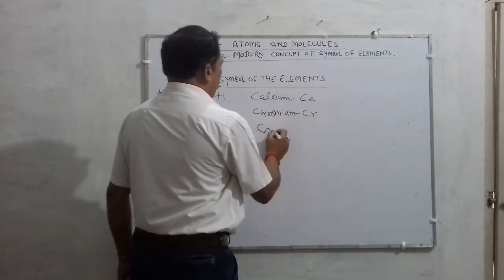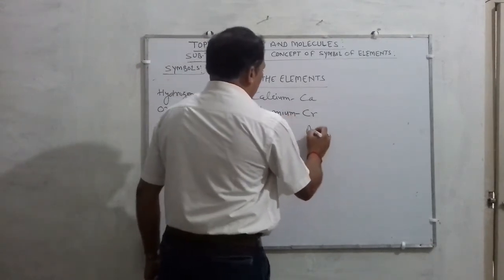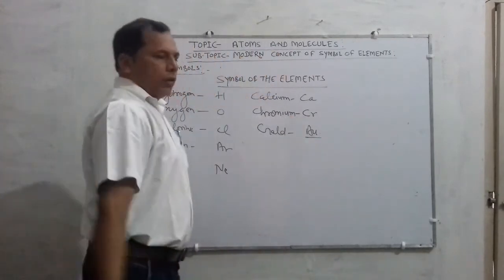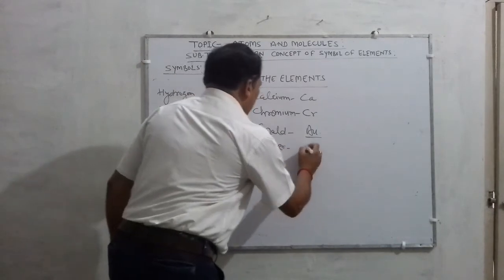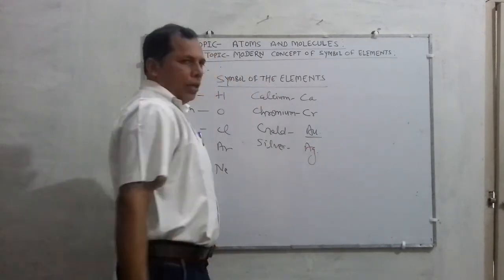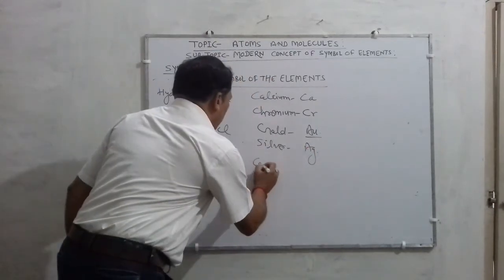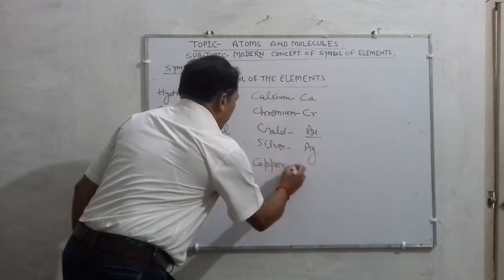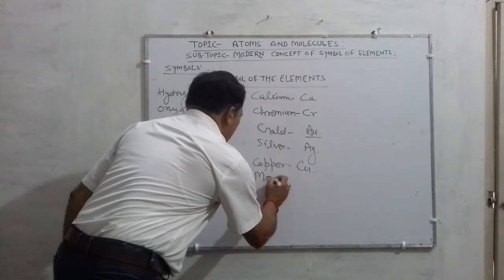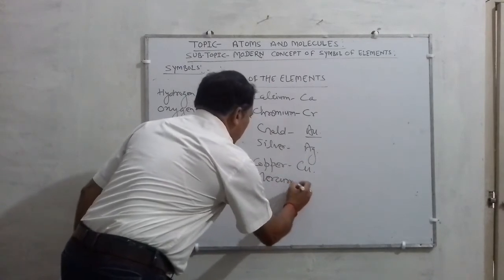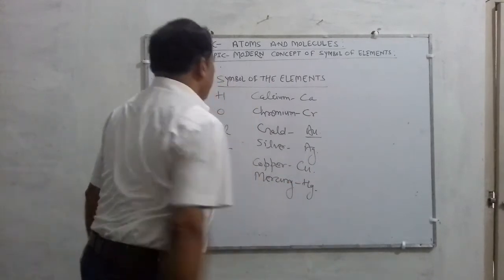Similarly, suppose you have to represent gold. Gold symbol is Au. Similarly, silver. Silver is Ag. Similarly, copper. Copper symbol is Cu. Similarly, mercury. Mercury symbol is what? Hg.